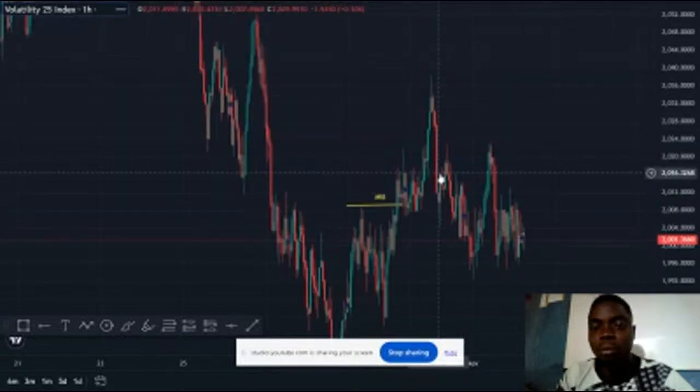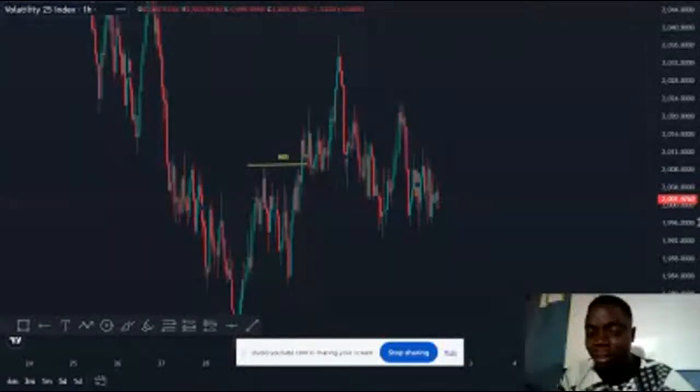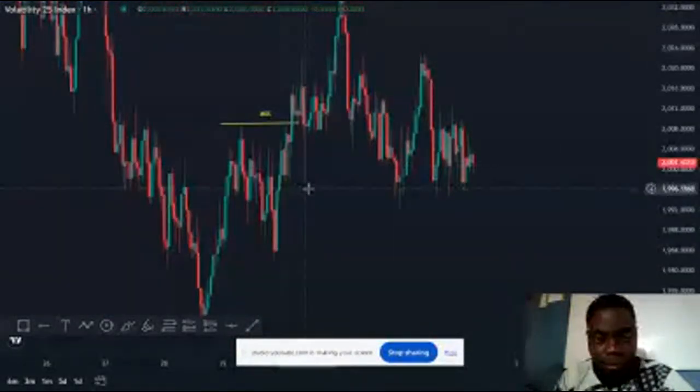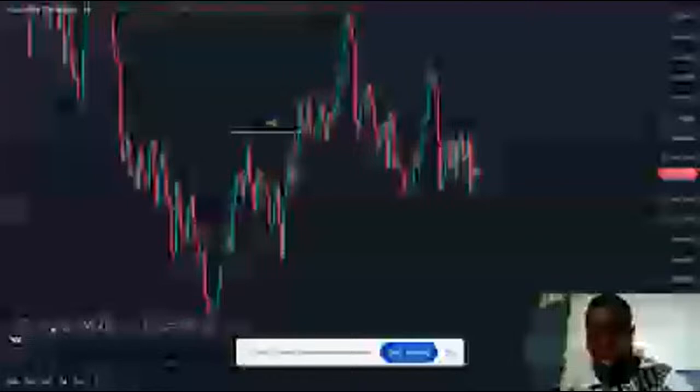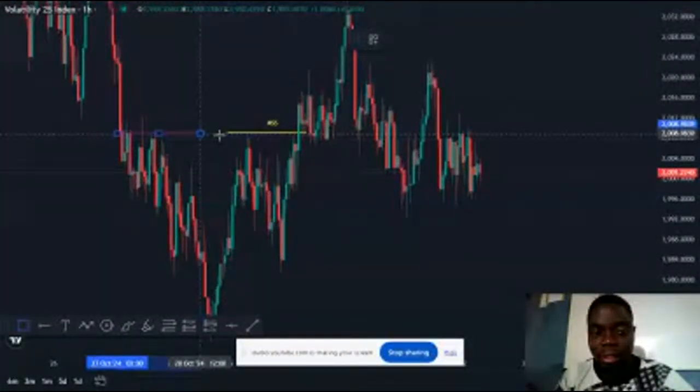So now, how should I enter this trade? After price shifted structure to the upside and pulled back, you can see that price is operating on the premise of this level of resistance, which is a very powerful level of resistance.